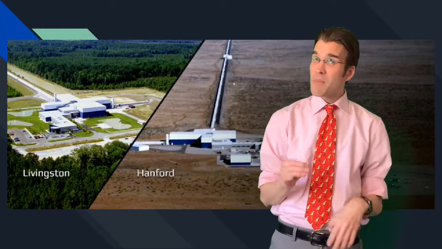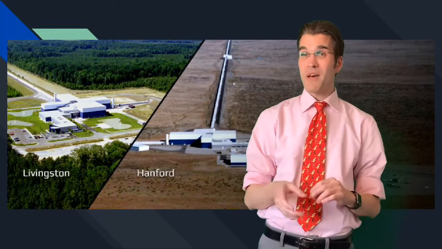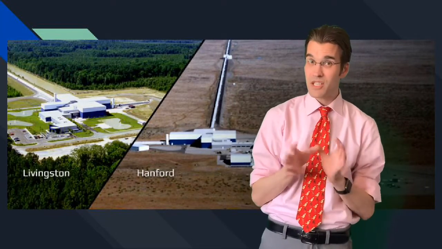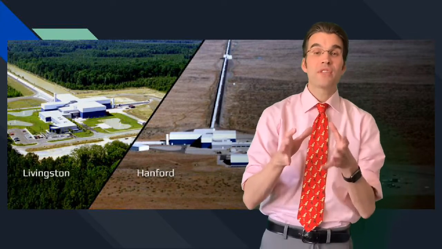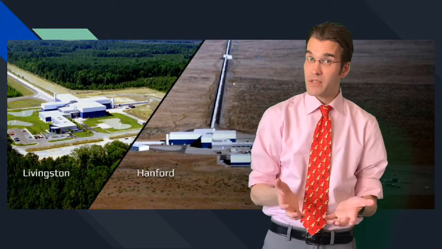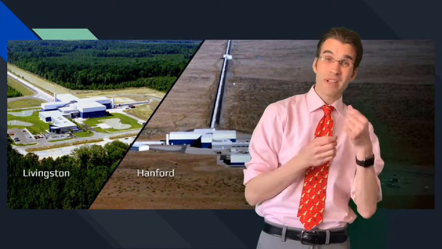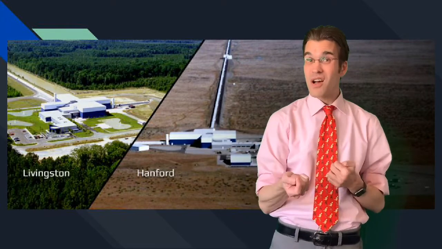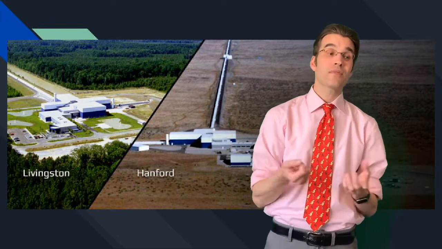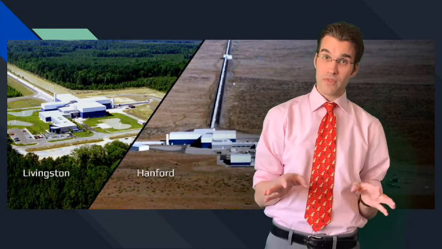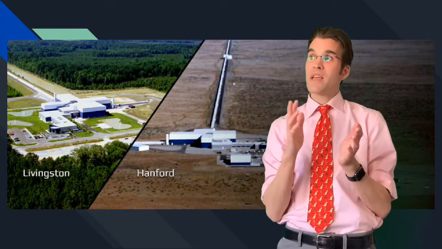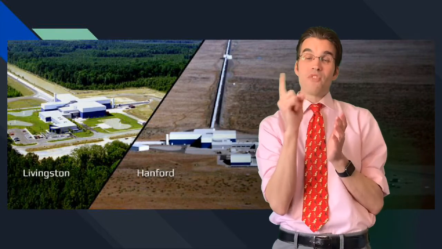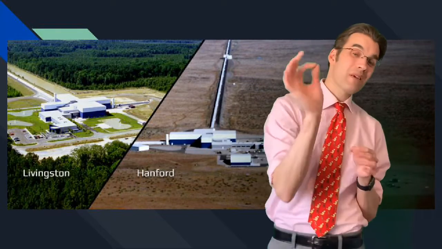But we did talk about the LIGO at one time. And the LIGO is this amazing experiment that was able to measure gravitational waves in space. Now, they have two locations, one in Livingston and one right near us in Hanford. And one of these years, I'd love to go on a field trip there. But pretty much what they do is they shoot giant lasers down tunnels, and then they measure the vibrations of those lasers as they bounce off mirrors.